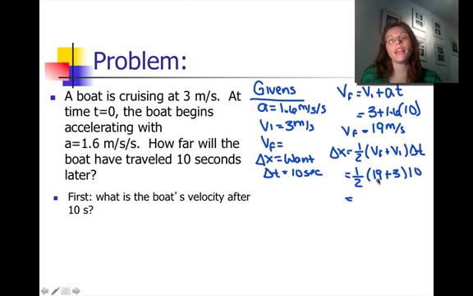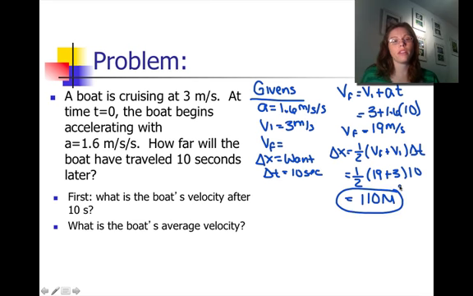So 19 plus 3 is 22. 1/2 of that is 11 times 10 is 110 meters. We can find how far the boat travels. So we can put those two shortcuts that we have together to work.